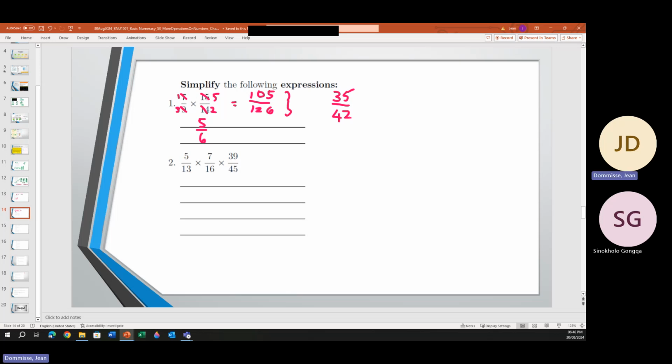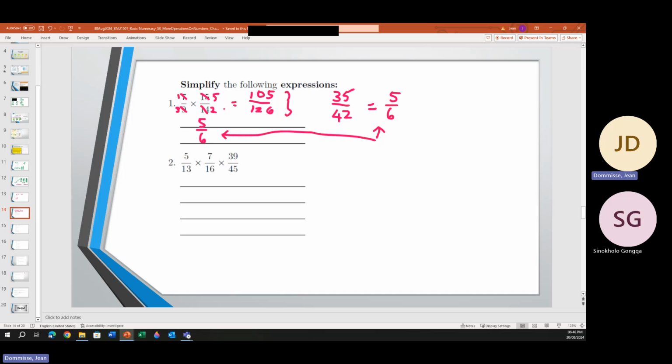And so that seems like I can make that still simpler. So what if I say 35 divided by 7? I get 5. 42 divided by 7 is 6. So again, exactly the same answer.